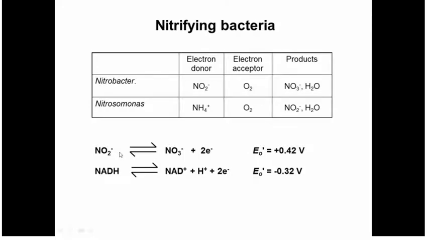The redox potential here is plus 0.42. And if you're going to transfer electrons from nitrite to NAD+, this is never going to work directly because it's totally the wrong way round. Everybody understand why this is the case here? I hope so.